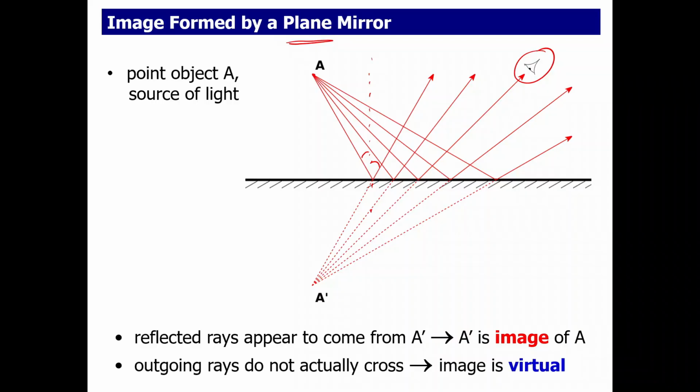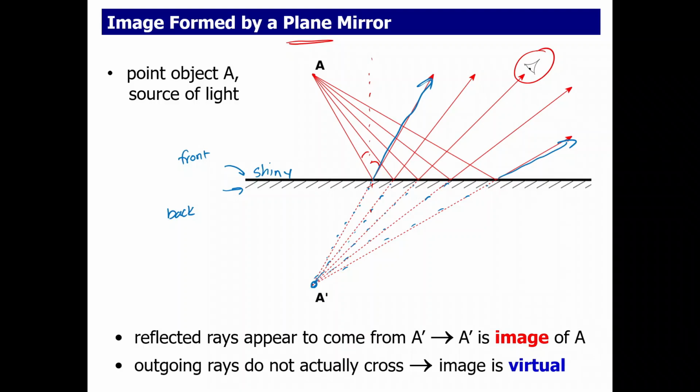What ends up happening is if you trace back all of the rays that are bouncing off in all these different directions, and you trace them backwards into the back side of the mirror, and we use these little hashes here to show the back side of the mirror, and this is the front, the shiny reflective side over here, then what we're actually seeing in the image is behind the mirror. So when you look at a mirror, it looks like what you're seeing is behind the mirror.